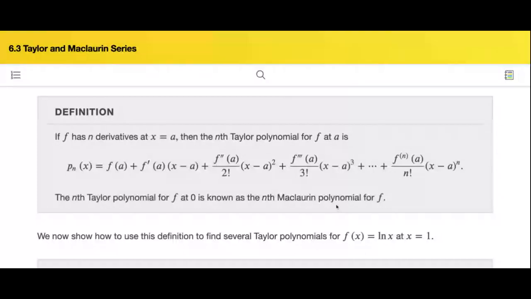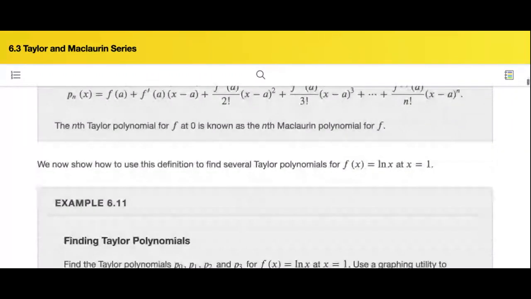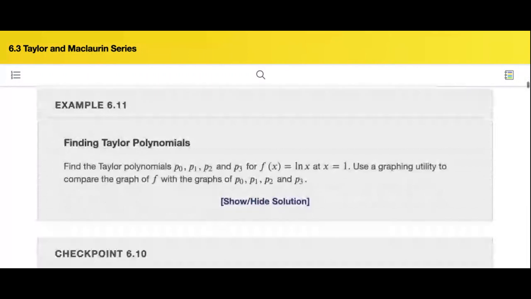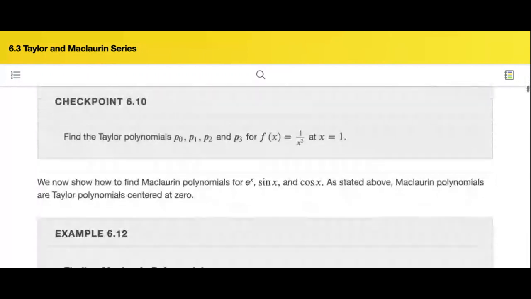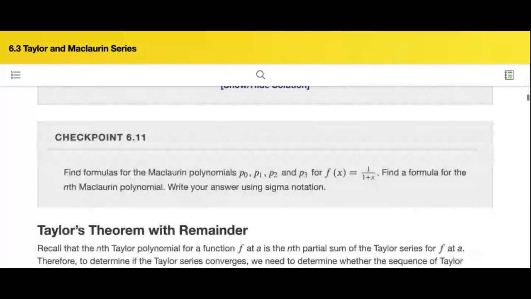Same thing for Maclaurin. Maclaurin just means a equals 0, we just have x. This example we have done already, so let's not do it. We have done all those.